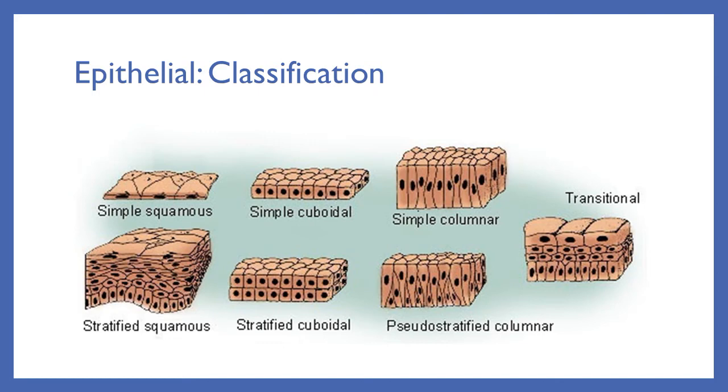Then we have the columnar. That can be simple, where it's just the one layer. The other option is a little unconventional. It's called pseudostratified. It looks like it's stratified, but in reality, it's just that they're kind of spaced out a little differently so that everyone is still attached to the basement membrane.